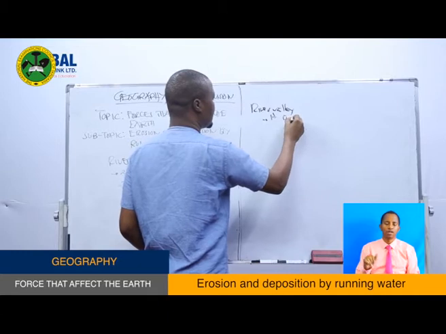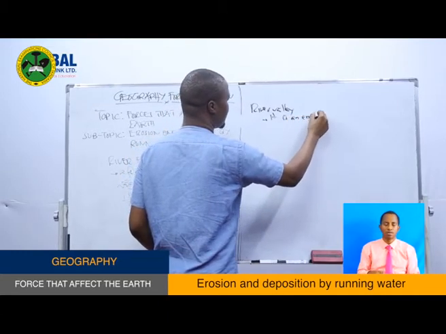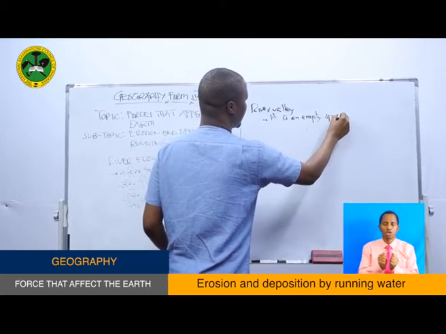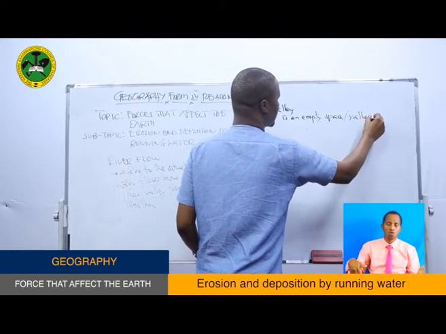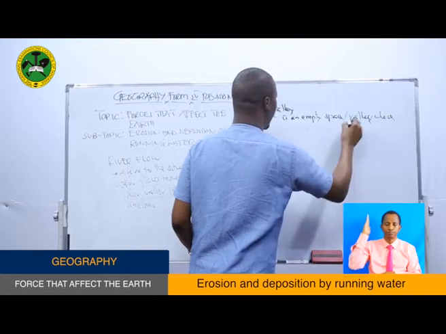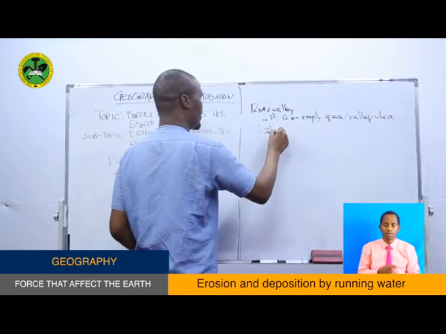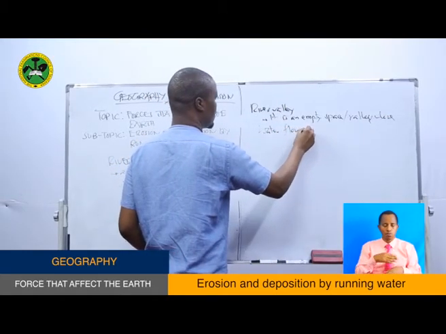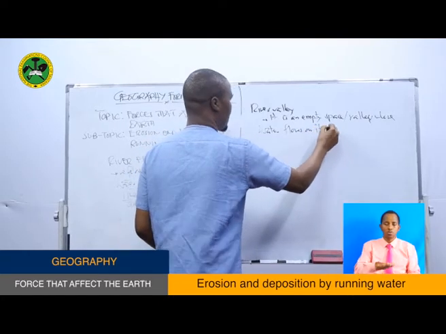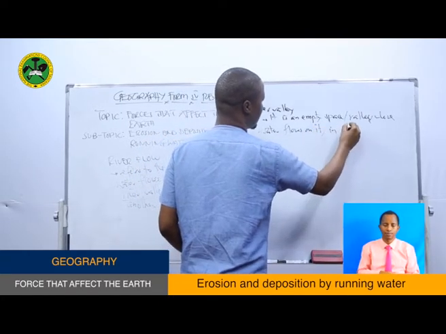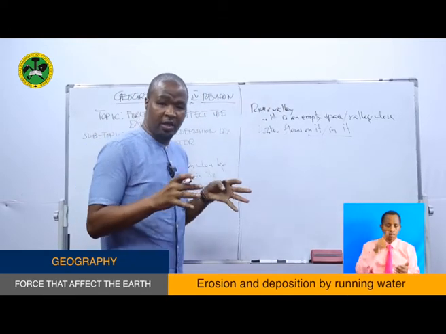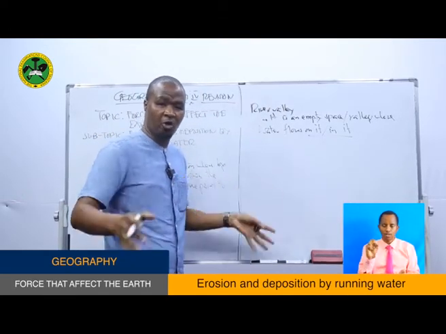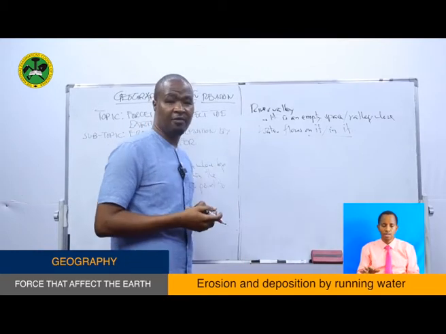It is an empty space, or you can say it's a valley where water flows on it or in it. The point where the river water flows is what you call the river valley.